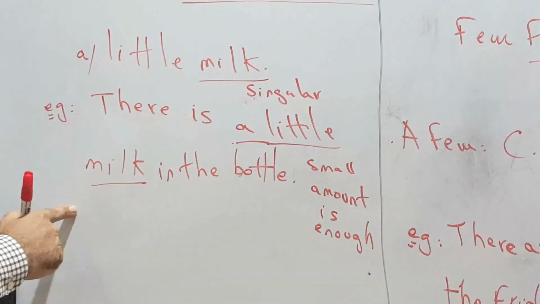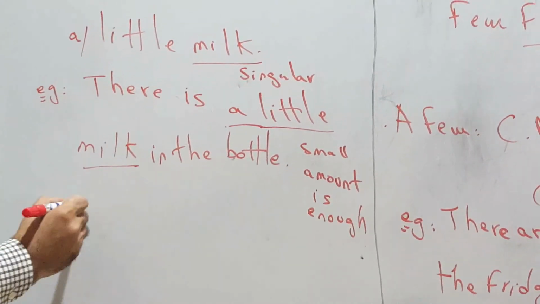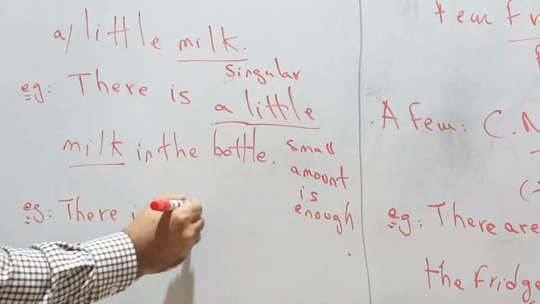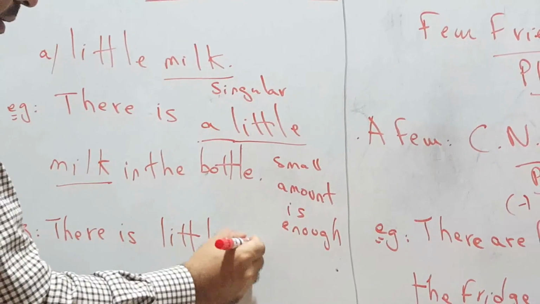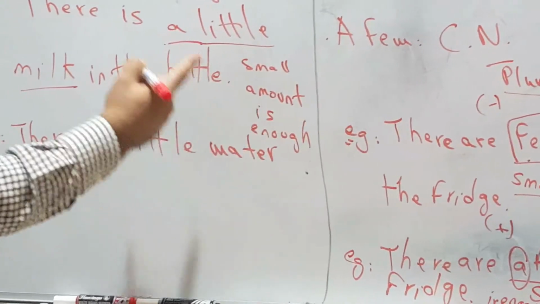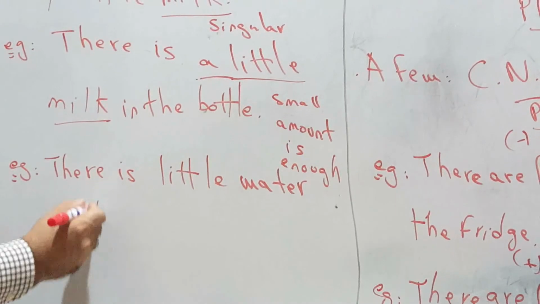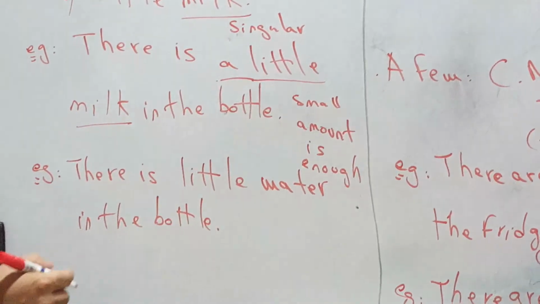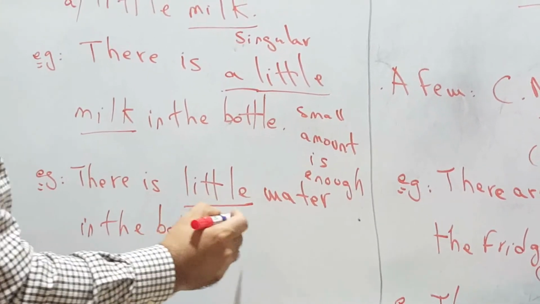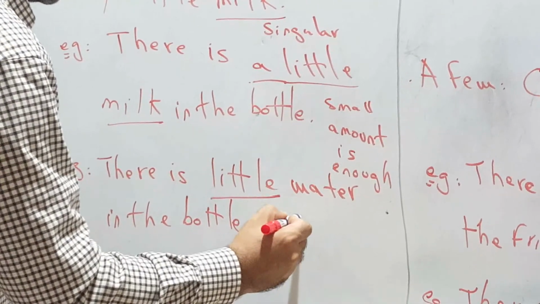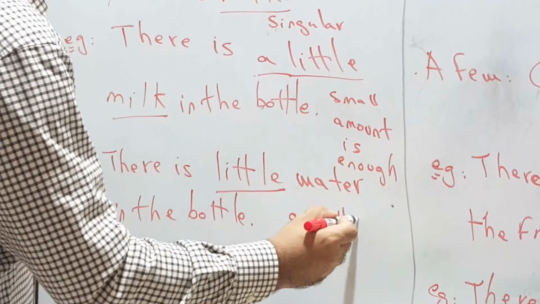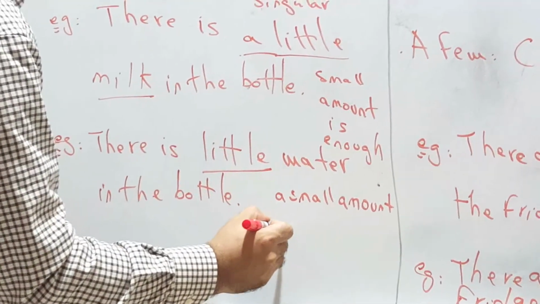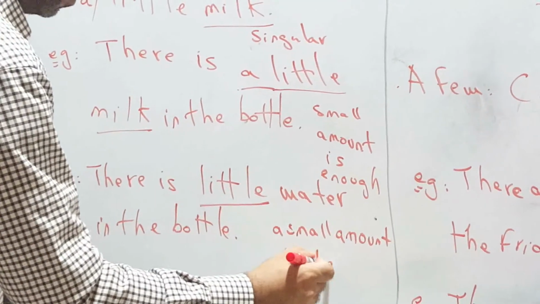While when I say there is little water or milk in the bottle, this means that little here is a small amount, as it is the case with a little, but it is not enough.